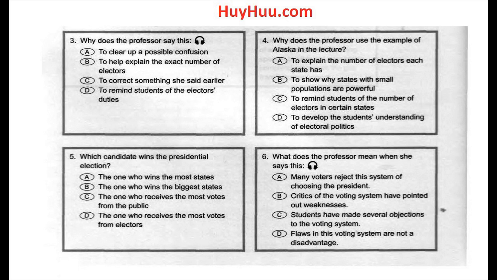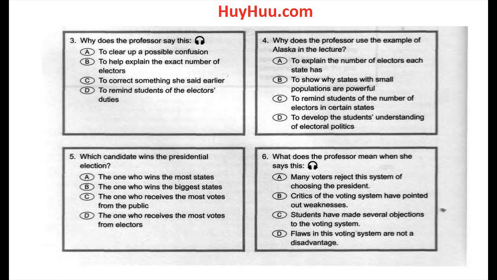The senators and representatives are not the same people as the electors. 4. Why does the professor use the example of Alaska in the lecture? 5.